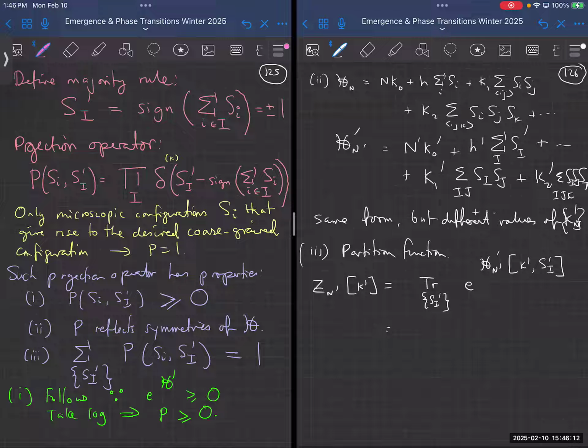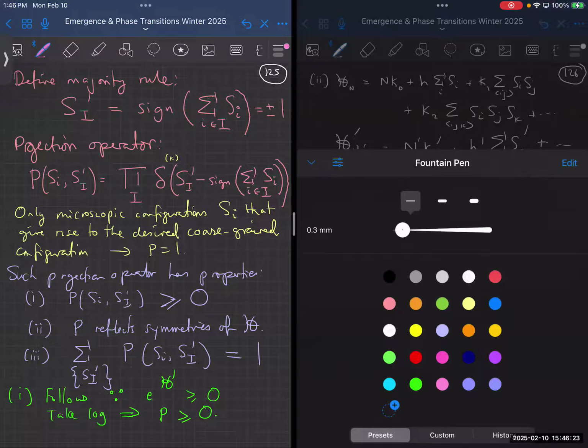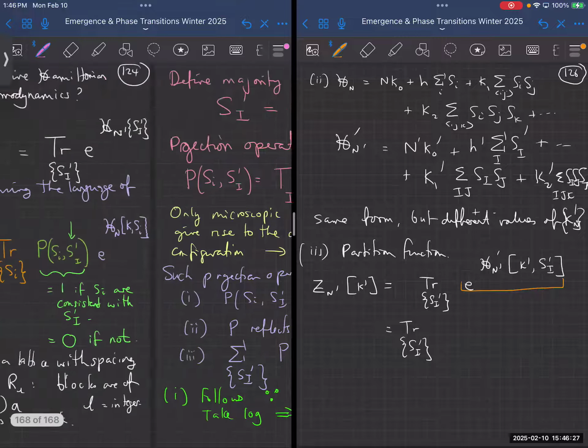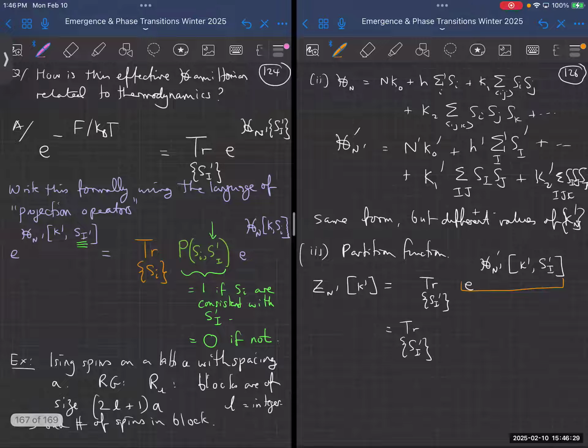And I can write this as the trace over the s_i prime, and in this thing, this part over here we can get from the equation on the left-hand side.